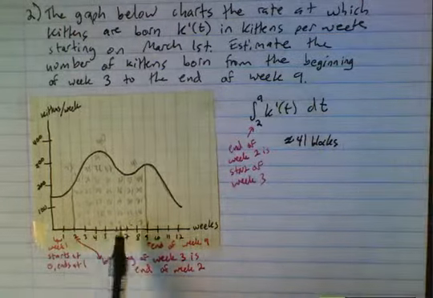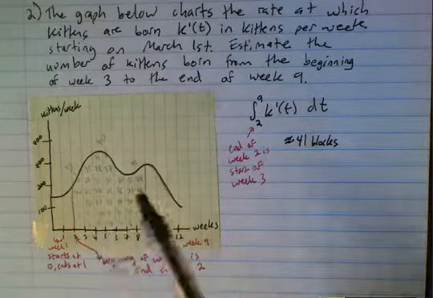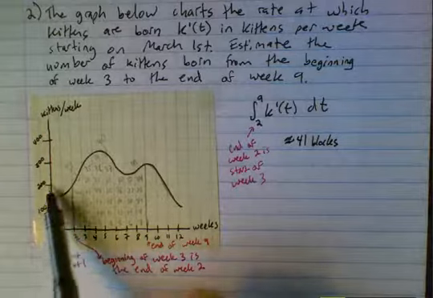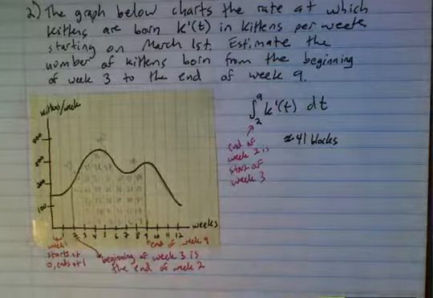However, notice that each block is not one square unit. This block, notice that each of these goes up by 50, so it's 50 kittens per week, times 1 week.